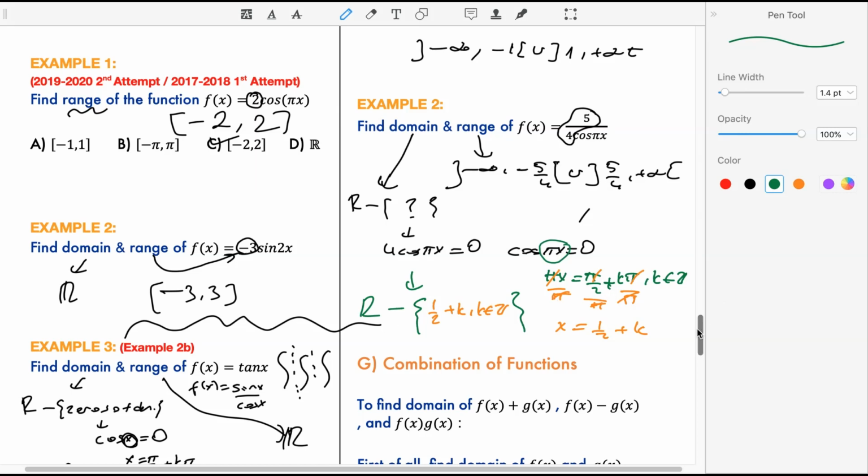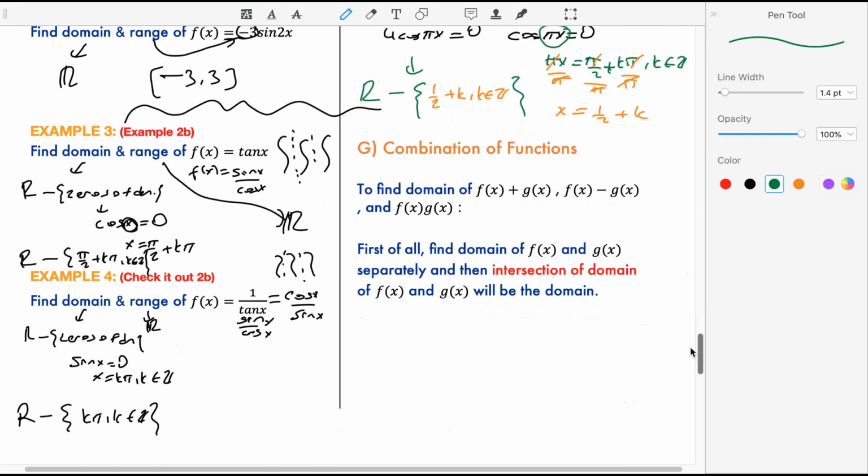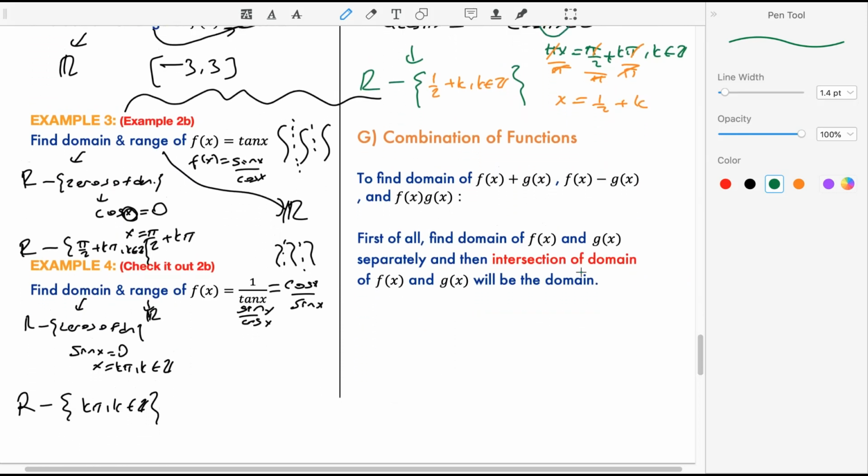Okay, another rule: combination of functions. When there is addition, subtraction, or multiplication, first of all we find the domain of each function separately and take the intersection as the domain of this combination. So the domain of a combination of functions is the intersection of the domains.